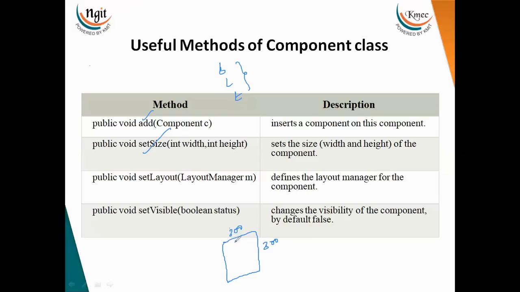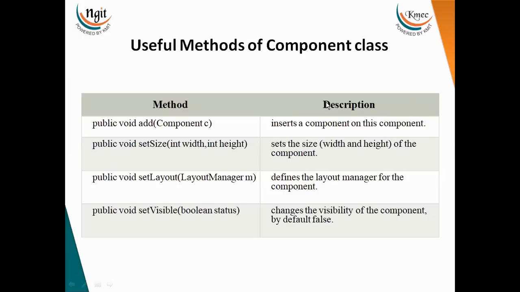We have different types of layouts: flow layout, grid layout, border layout, right? If you want any layout, you can set that layout by using the set layout method. And the set visible method is false by default. If you make it true, then only you can see the output window. Otherwise you cannot see the output, right? So these are the different methods which are used very frequently in AWT, right?